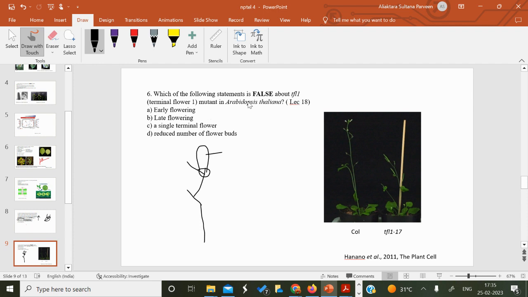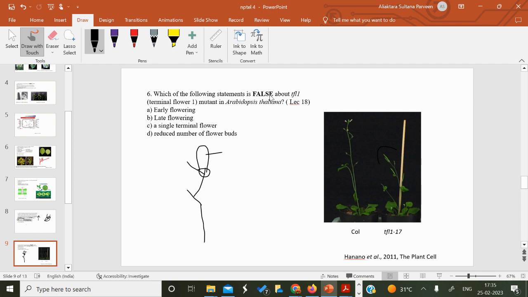But what happens in this mutant is that after some time, when a very small number of flowers have formed, it gives rise to a terminal flower, because of which it does not grow any further. So the total number of flowers is very much reduced.